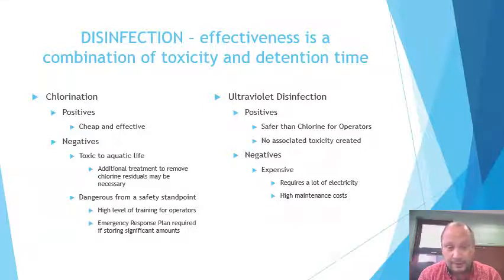Negatives are that it's toxic, not just to aquatic life, but to human life as well. So it's very dangerous from a safety standpoint for operators that have to work with chlorine. If you store enough chlorine on site, you actually need to develop an emergency response plan that details how you would respond to any leaks in the system.